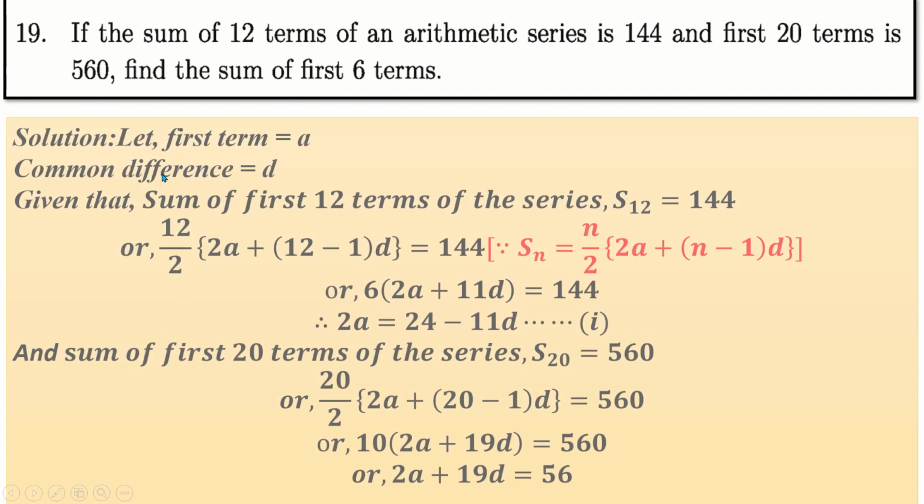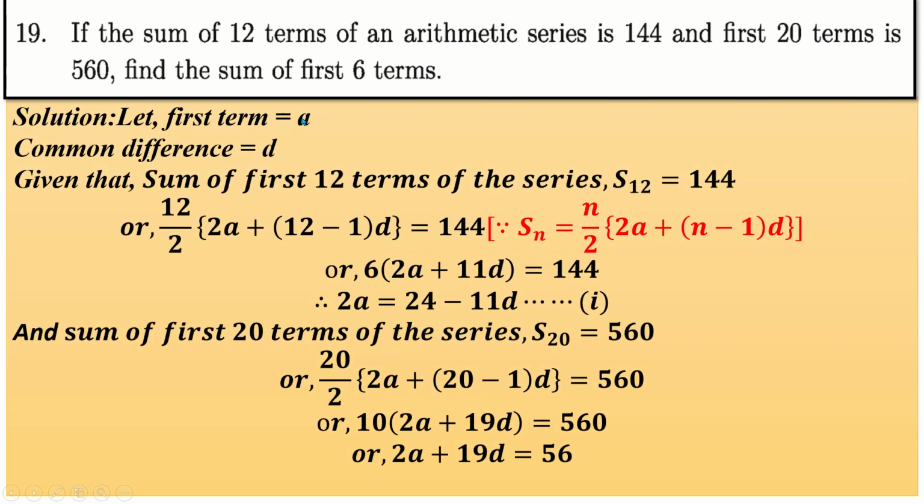Very easy. Here we have to let first term this equal to a, common difference this equal to d. Given that sum of first 12 terms of the series S12, this equal to 144, but S12 this equal to, we know, 12 by 2 into 2a plus 12 minus 1 into d, this equal to 144. Here 12 by 2, this equal to 6, or here 2a plus 11d, this equal to 144.